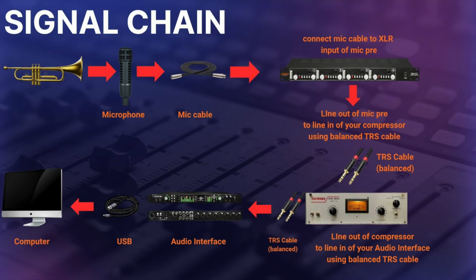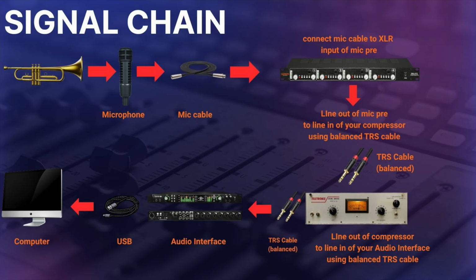Then it goes out via balanced cable. So you take the line out of your mic pre and go into your compressor. And then you can compress your sound, dial that in, and then go balanced out to your audio interface using a balanced TRS cable to your audio interface and then to your computer. So that's a more involved setup.